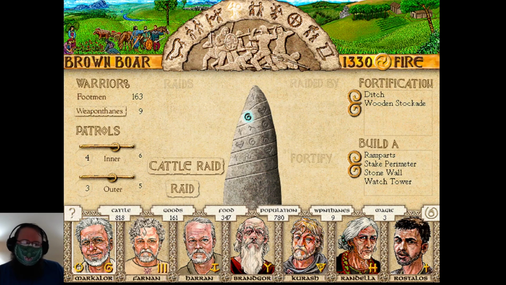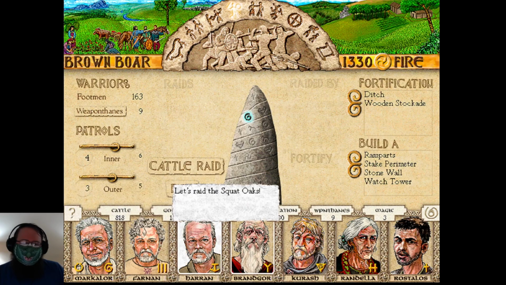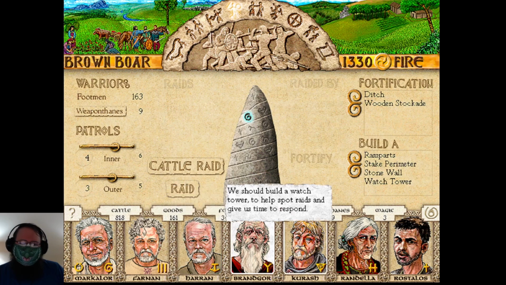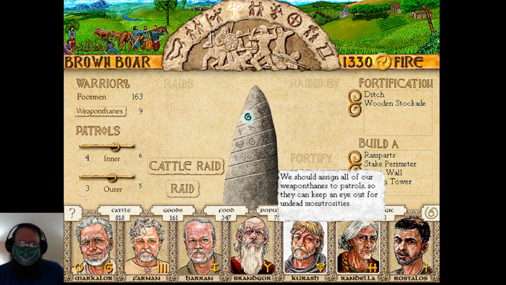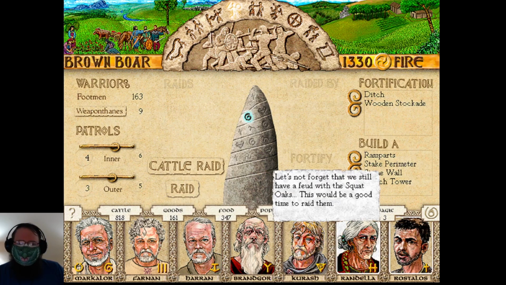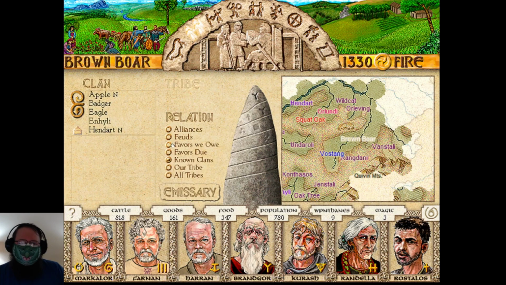Build. I think someone wants us to build something here. No, we're not sparing farmers for a raid. No, we're not raiding. Watchtower. I guess relations. Feuds.